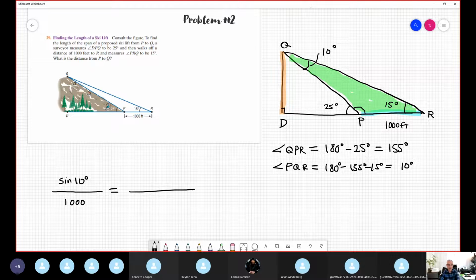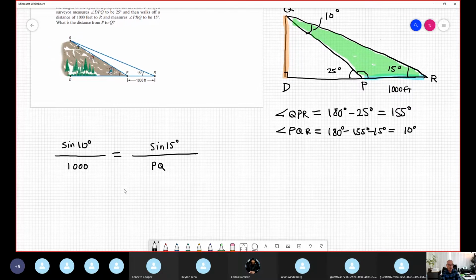Now sine 15 degrees, the opposite is PQ. Makes sense, right? PQ. Now cross multiply. We have PQ equal to 1000 multiplied by sine 15 degrees divided by sine 10 degrees.